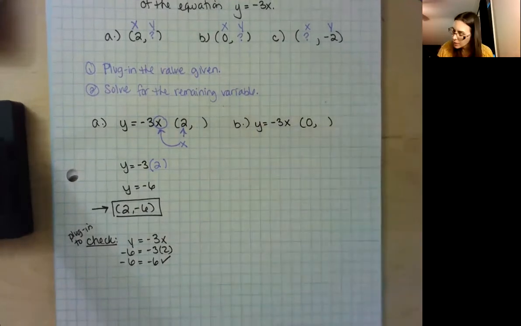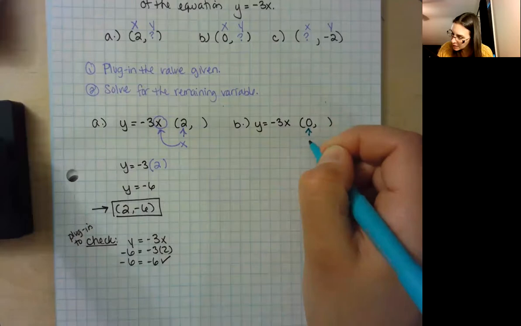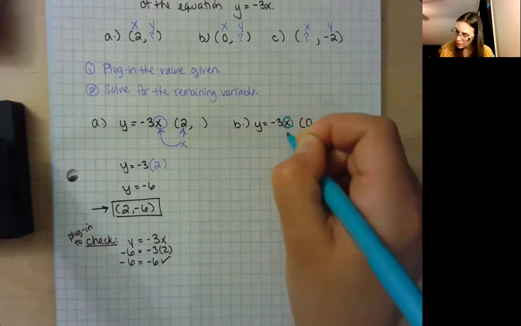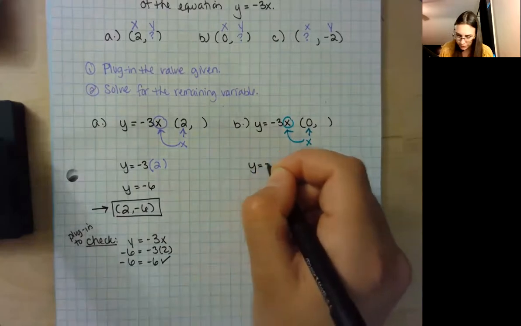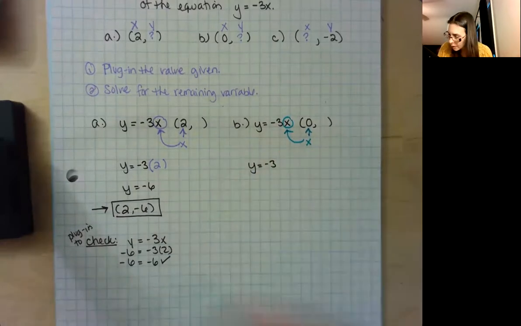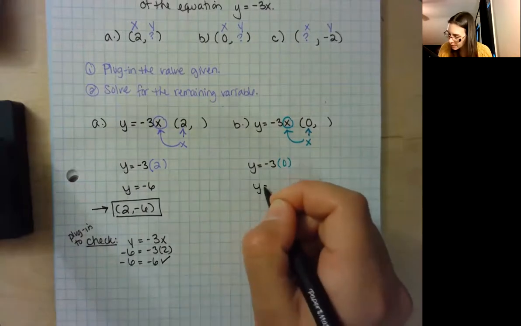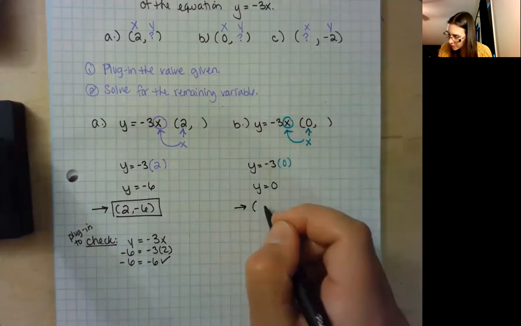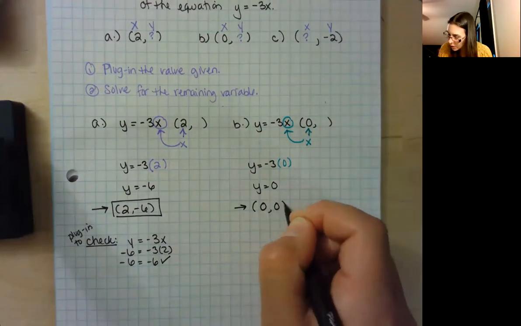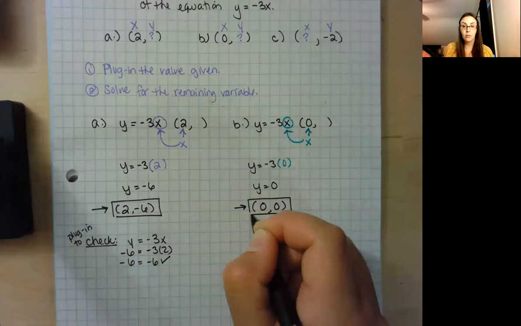So in this particular example, again, I happen to have the x value. That's what I'm going to replace. Here, my x value is 0, and -3 times 0 is 0. So the point I had was my x value was 0, and now my y value is 0. You do want to be careful you're plugging things in the right order.